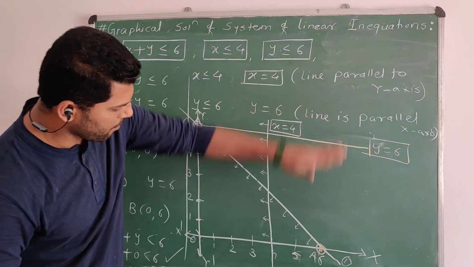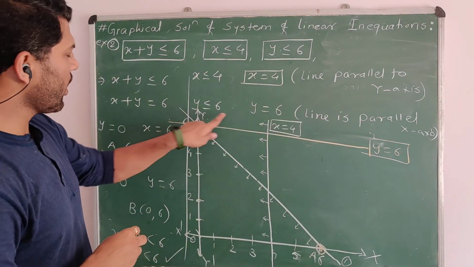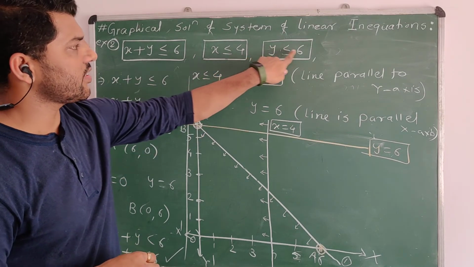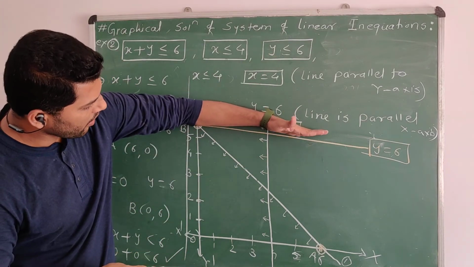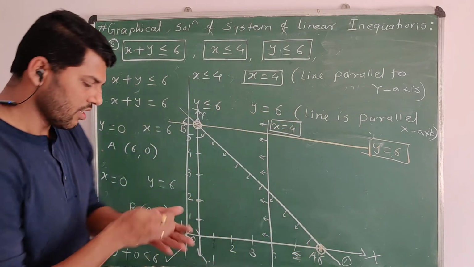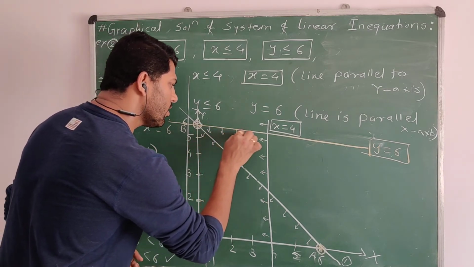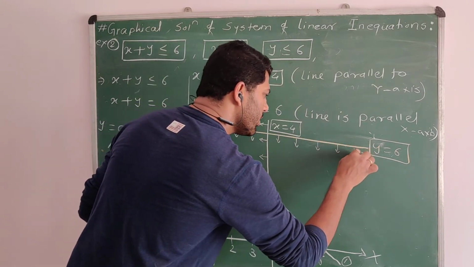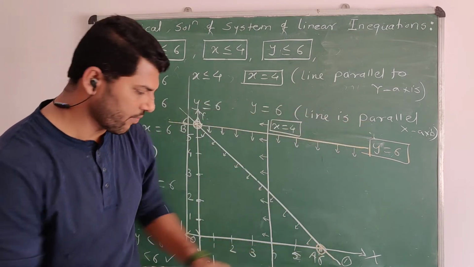Single variable lines are the most simple ones. Understand this inequality: y is less than 6 means all the values of y are less than 6, which means the solution set lies below this line. Don't shade again, just indicate the solution set.